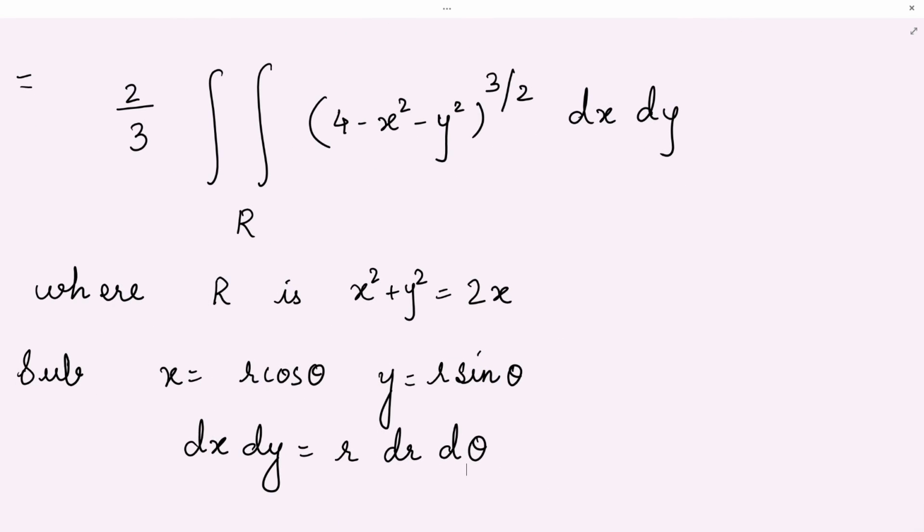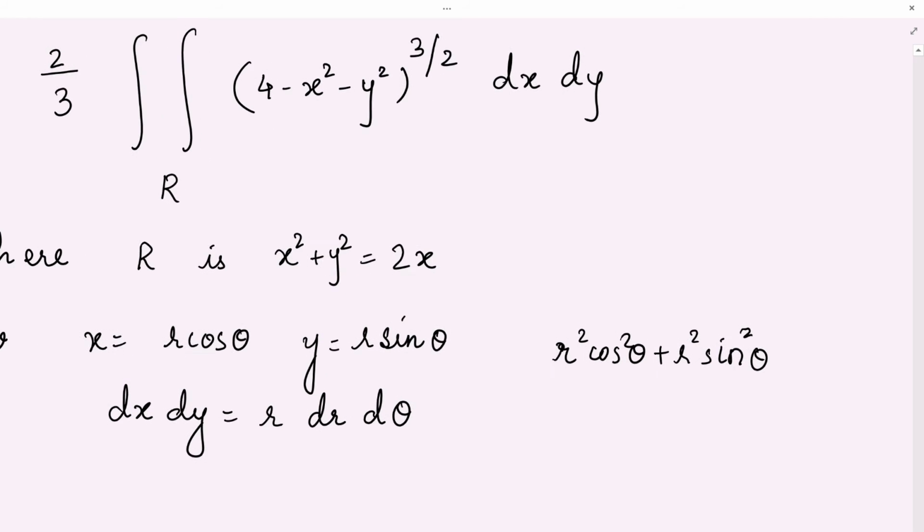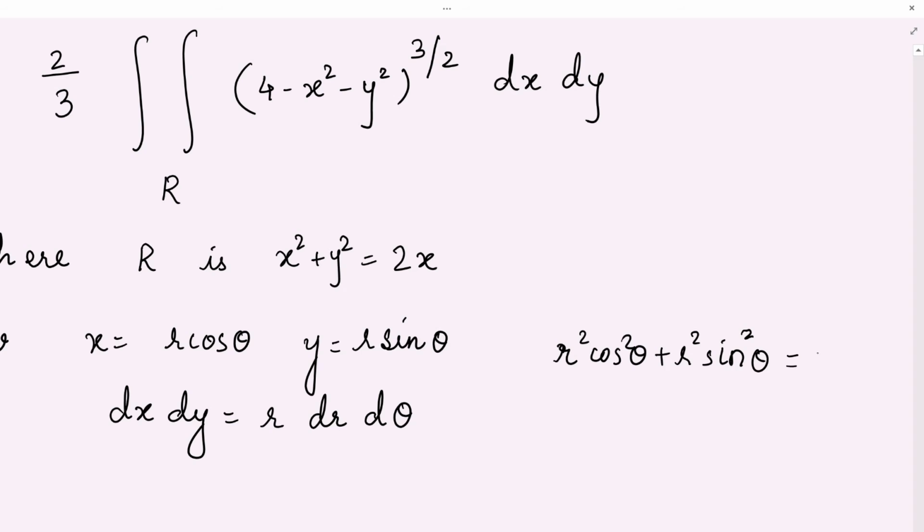So my curve will become r square cos square theta plus r square sin square theta is equal to 2x, so 2r cos theta, right? So this is r square is equal to 2r cos theta, which is nothing but r is equal to 2 cos theta.